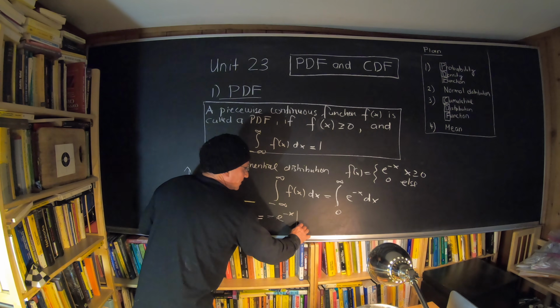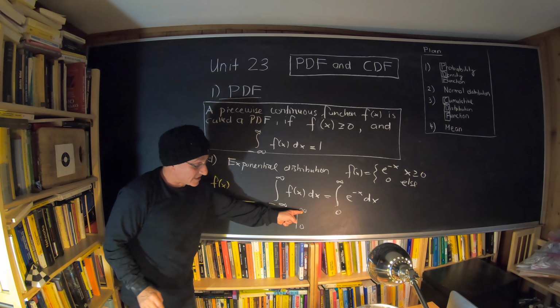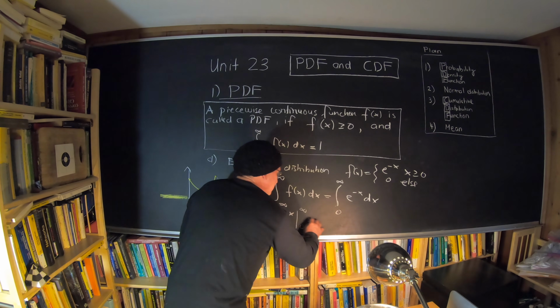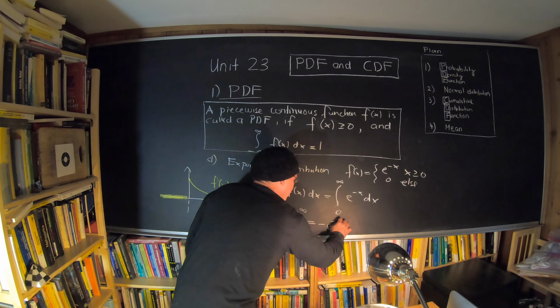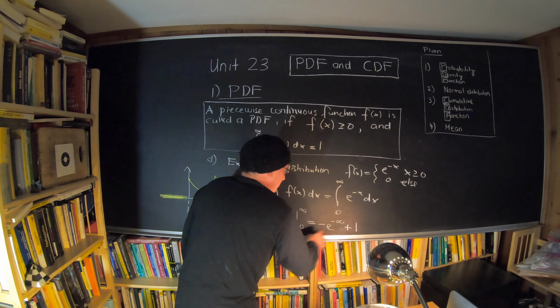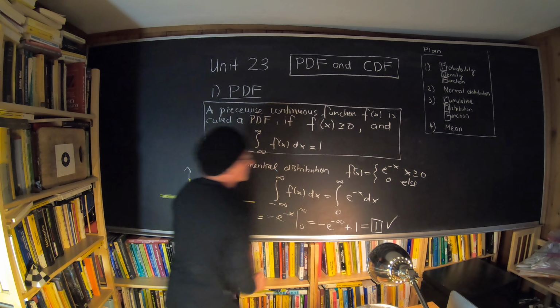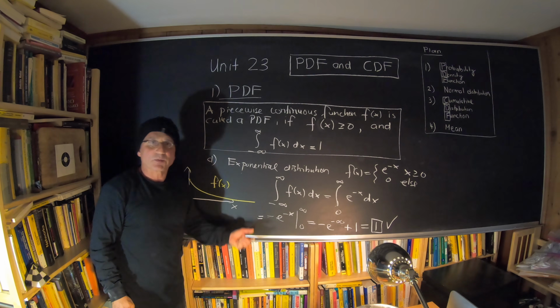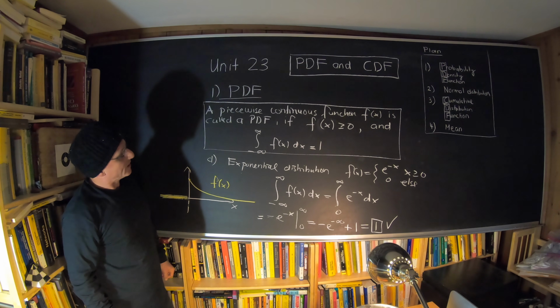We evaluate it from 0 to t, where t goes to infinity, and so this is equal to minus e to the minus infinity plus 1, which is equal to 1. So this is indeed a probability density function.